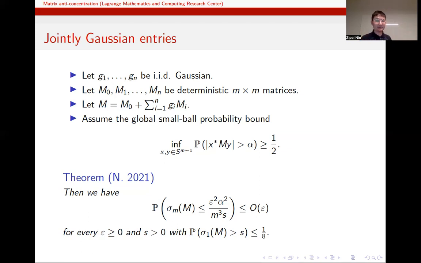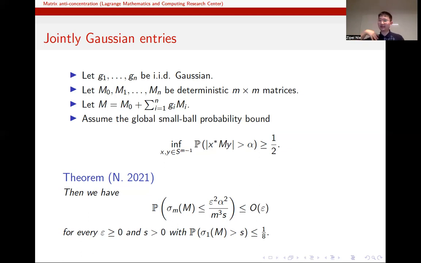The idea to prove this theorem is to take an independent copy M prime of the random matrix M with jointly Gaussian entries, and consider another independent random variable U. Because it's jointly Gaussian, M plus U times M prime has similar probability distributions to M, with some algebraic relations.